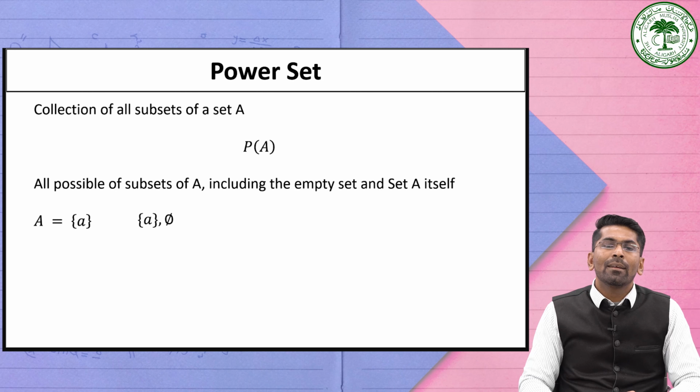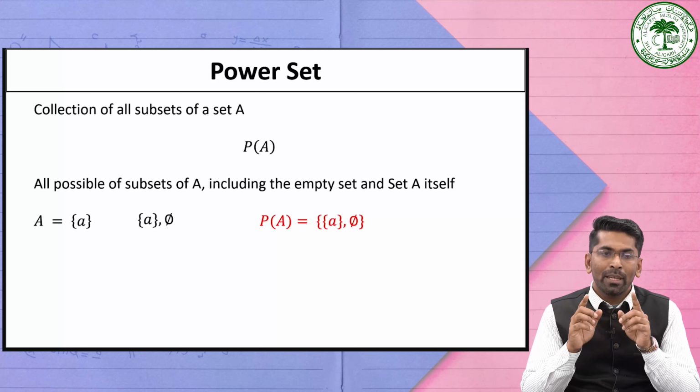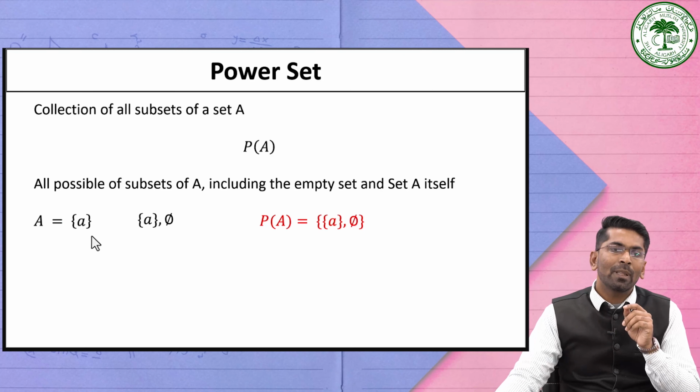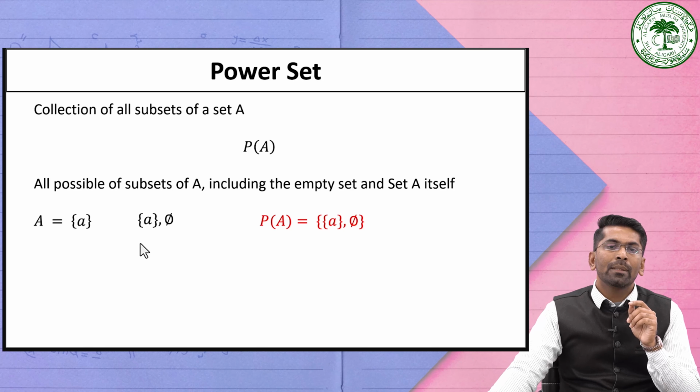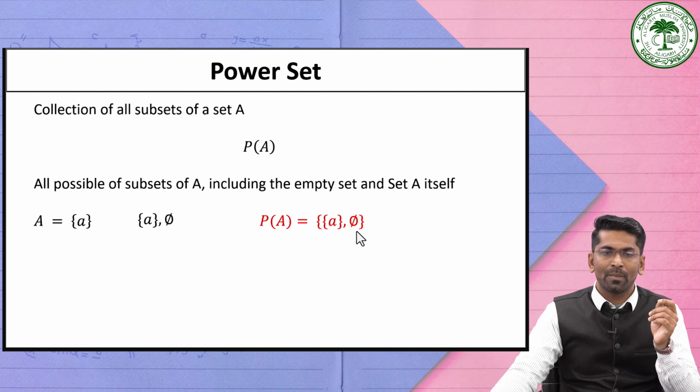The power set of A is the collection of all subsets. So here for the set A, the subsets are set A itself, and phi is also a subset of all sets.